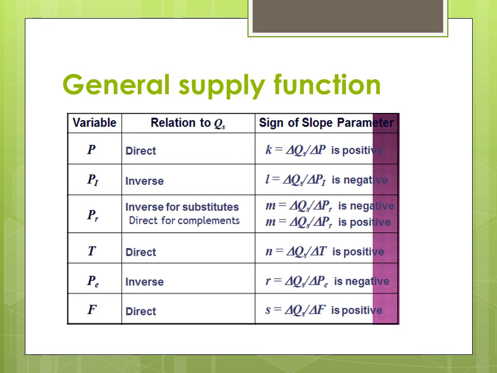So when price will increase and quantity demanded will decrease, our demand curve will shift downward, and we also call it contraction. So when price will decrease and quantity demanded will increase, our demand curve will shift upward, and we also call it a rightward shift.